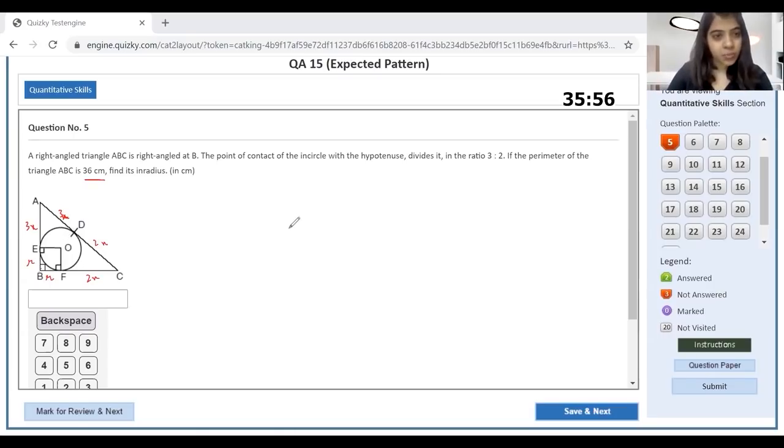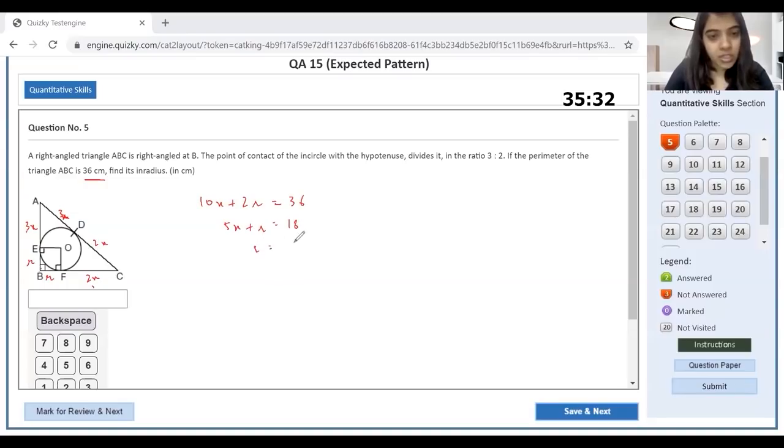So they're asking us, the perimeter is 36. Fine, one thing is given: 3x plus 3x, 6x, plus 2x plus 2x, 4x, 6 plus 4, 10x, plus 2r. That is the perimeter, 36. So we have 5x plus r is 18. They're asking us for the inradius.